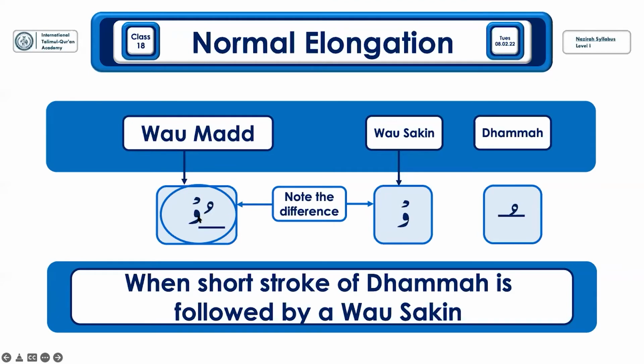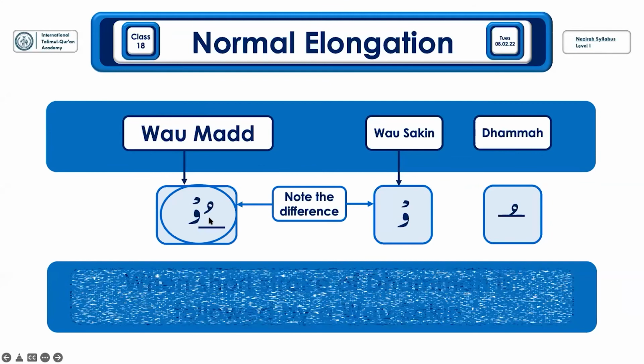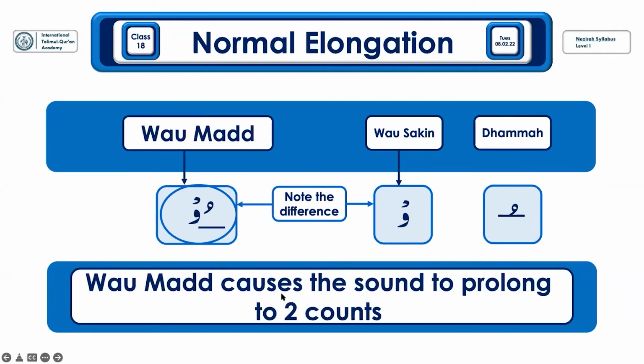But in the special case when the letter before the waw sakin is carrying the stroke of dhamma, then this waw sakin will become a waw madda, and it will cause the sound to prolong for 2 counts. For example, if there was a ba over here, it will sound like boo. For 2 seconds you have to prolong that sound.